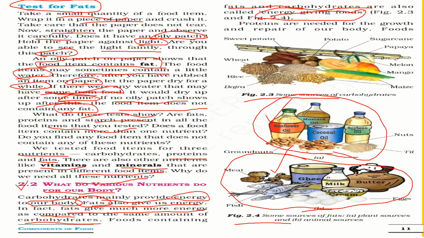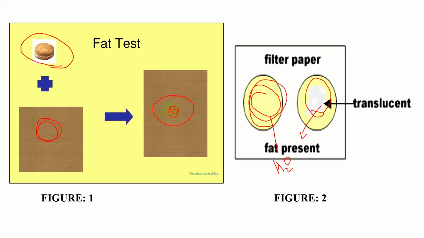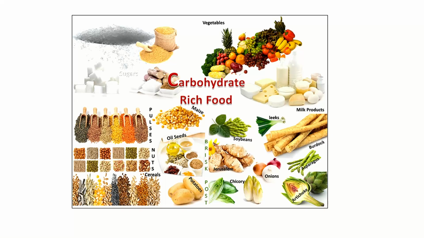Next, I will show you some examples also. Which foods are rich in carbohydrates? Pulses, nuts, oil seeds, maize, soya beans, leeks, all types of vegetables.